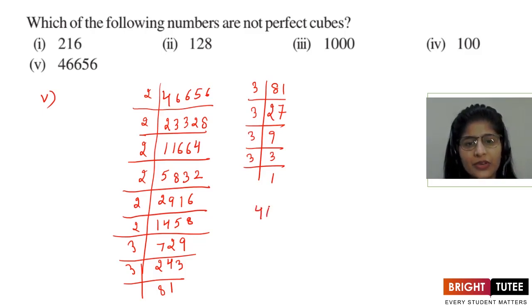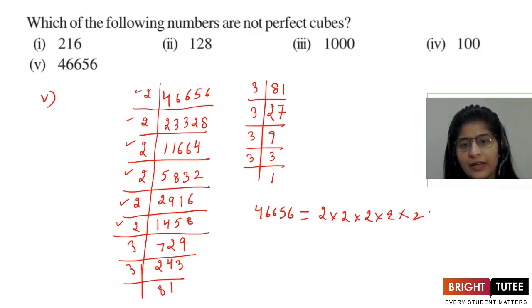So we can write 46,656 as, how many times do we have 2? 1 2 3 4 5 6. So I'll write that 1 2 3 4 5 6. Into how many times do we have 3? 1 2 3 4 5 6 times.